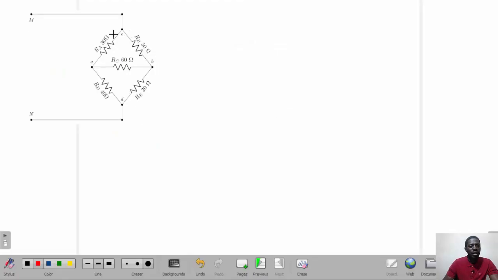So if you look at this circuit, we've been asked to find between M and N. What I want to do is convert the upper circuit into a Y. You notice that for me to formulate a Y upper here, node C stays the same.